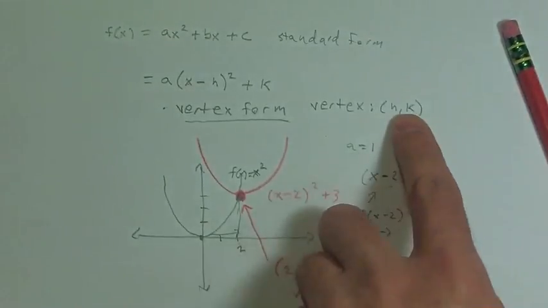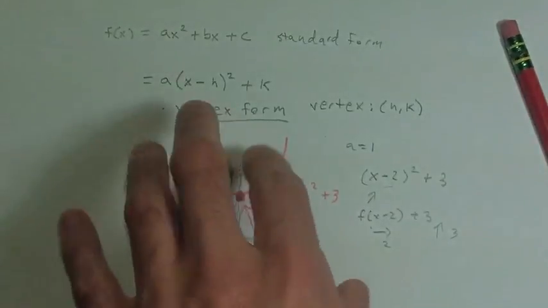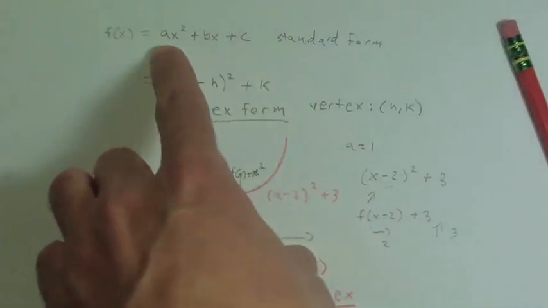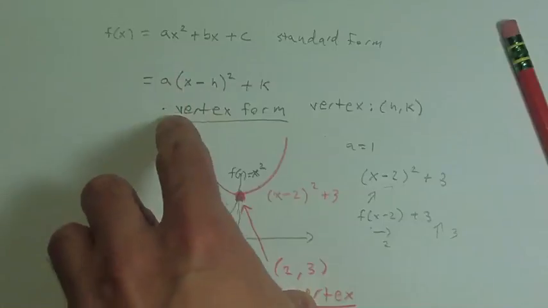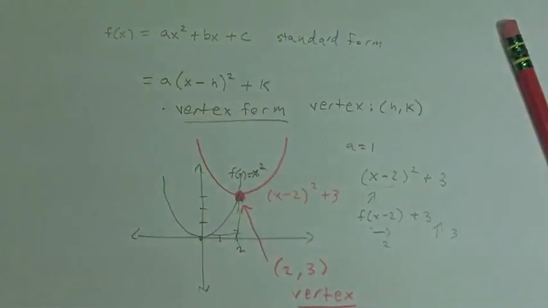We could use other letters besides h and k, but I didn't want to use a's, b's, and c's since we have those here. But the a is the same no matter which form you're going with. So this particular form gives us the vertex.